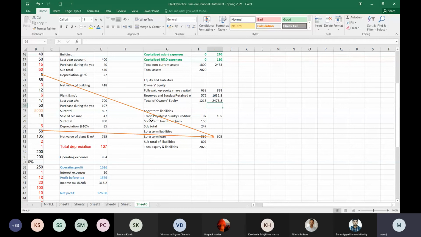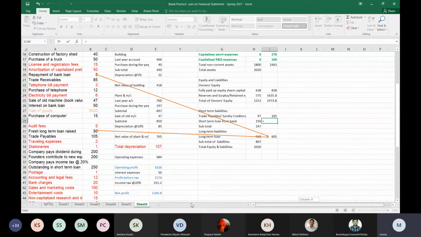Short-term liabilities, trade payable we have populated. Short-term loan from bank, I thought I populated, so is equal to whatever is given. That is the difference between long-term and short-term loan. Outstanding short-term loan is 250, so it is done. Subtotal is equal to this plus this, done. Now long-term loan we have already done.